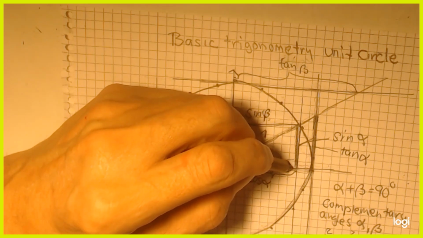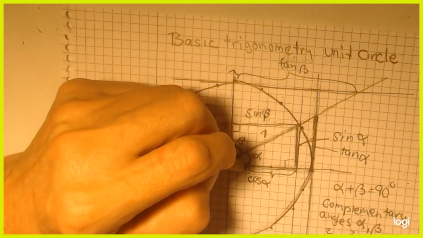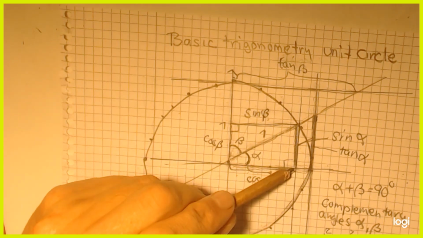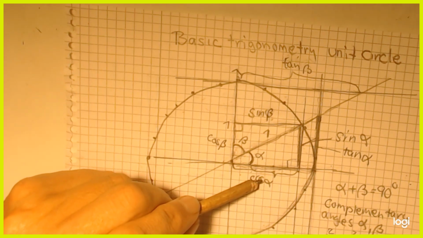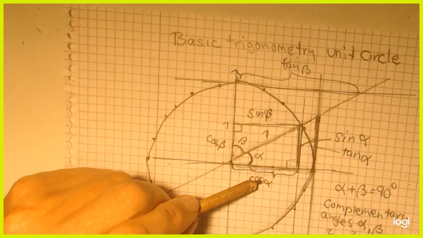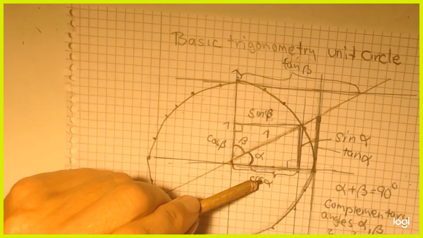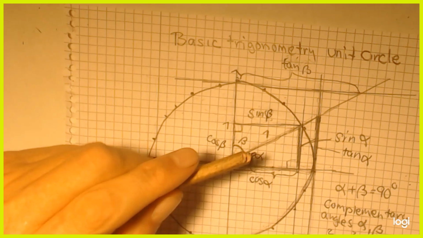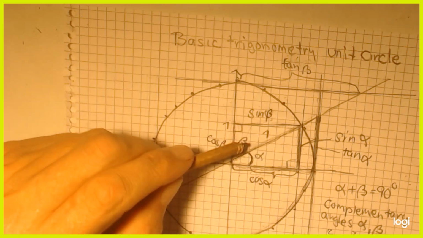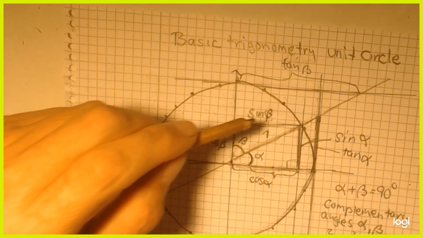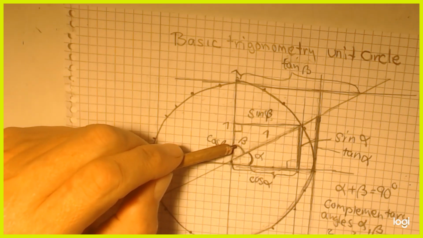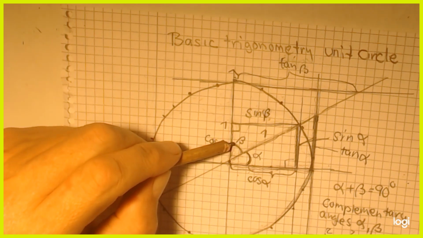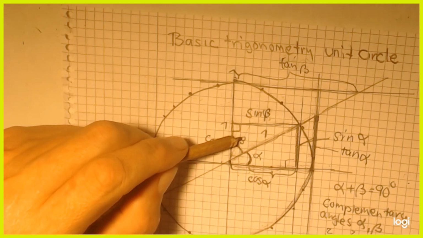And this side here is called cosinus alpha. Cosine alpha. Then we have another angle here, and this is called beta.